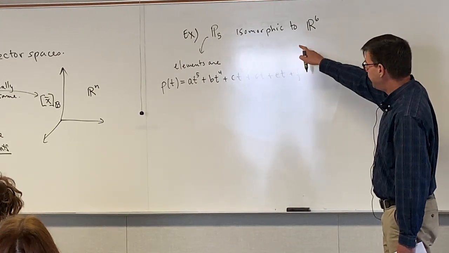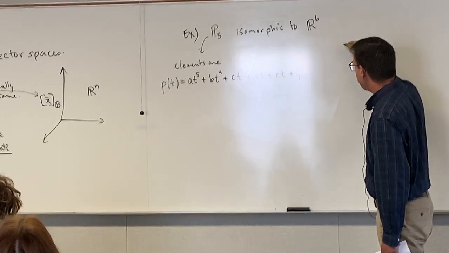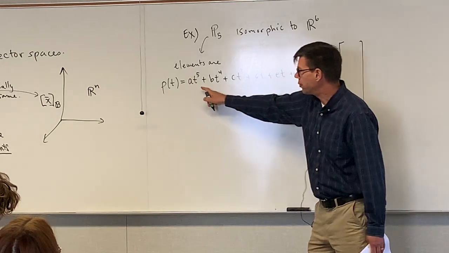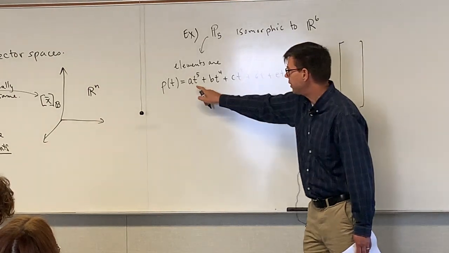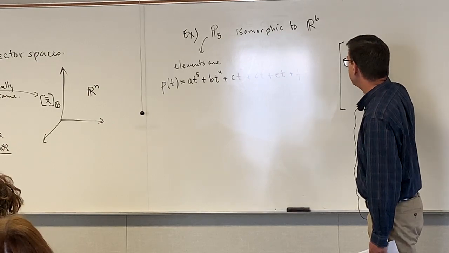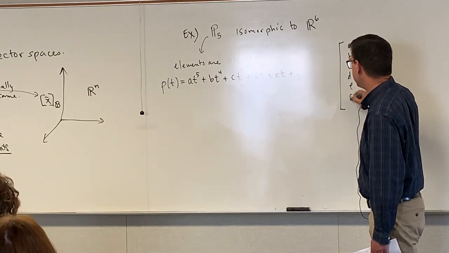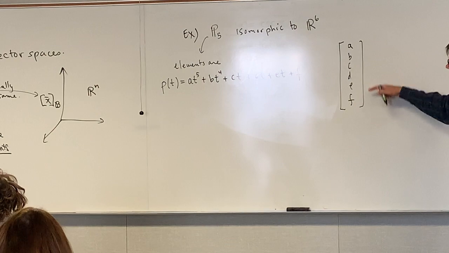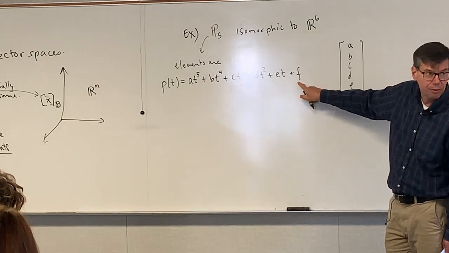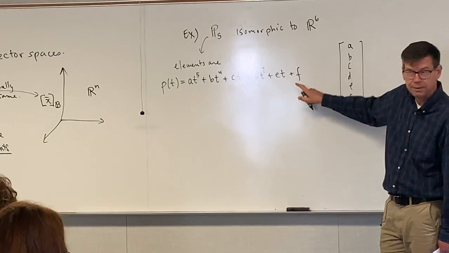What this isomorphism is saying is that if we just work with a column vector of those coefficients, so just a, b, c, d, e, f, which is a column vector in R6. So there happen to be 6 because we also have the constant term as a coefficient.